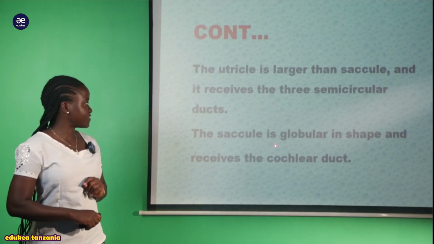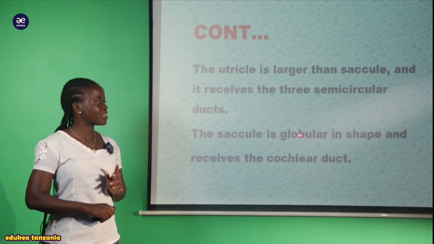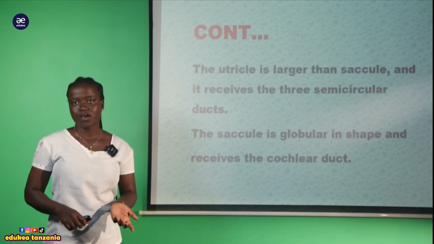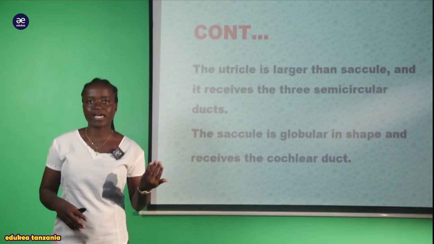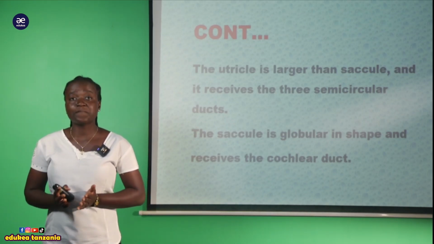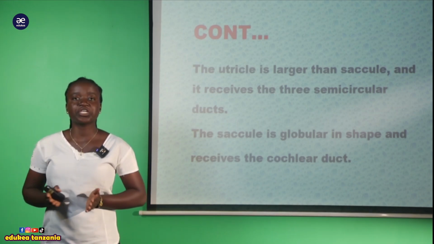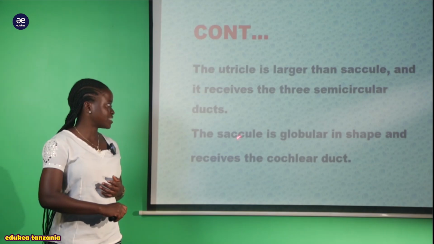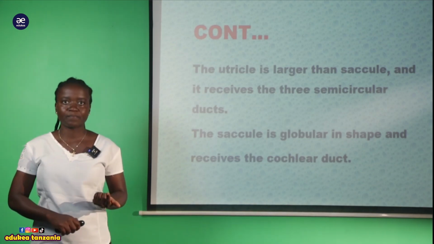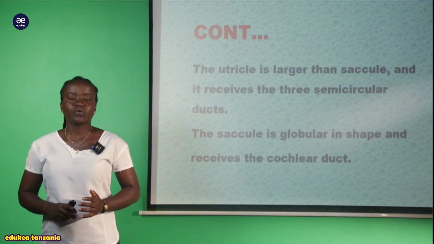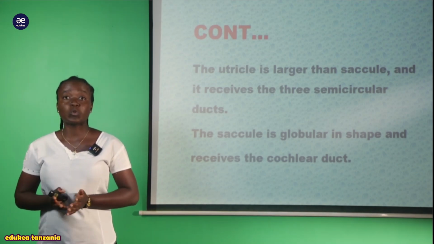And also we can say that the saculi is globular in shape and receives the cochlear duct. When we say that the saculi is globular, it means that it is shaped like a globular protein. So when you refer back to our topic of cytology, you can see the structure of the globular protein.